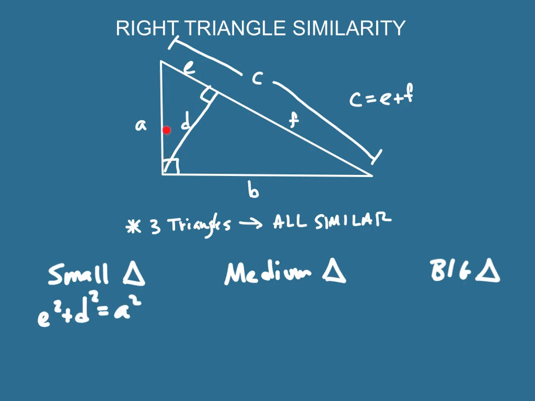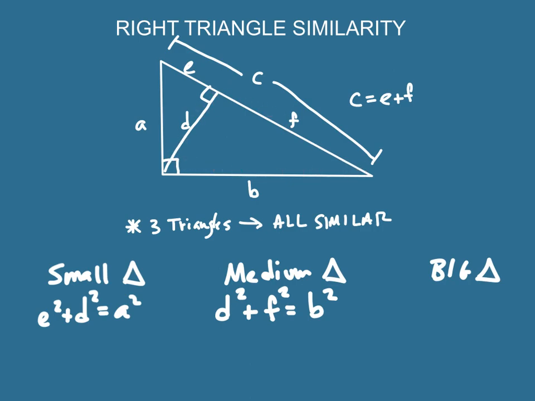So when you have this small triangle here, here's your right angle, the side length of A is your hypotenuse of that small triangle. All right, in your medium triangle, you've got D squared plus F squared is equal to B squared, where this length is the hypotenuse of this medium-sized triangle.